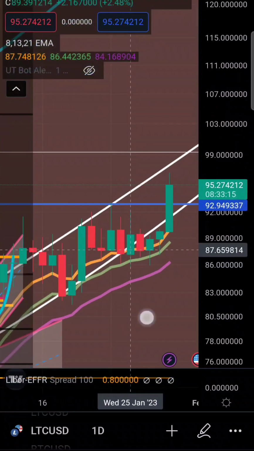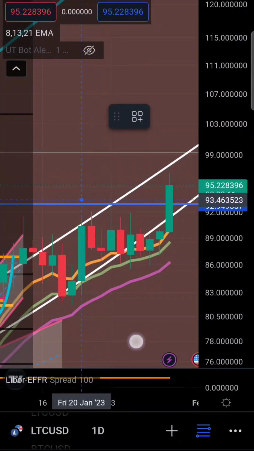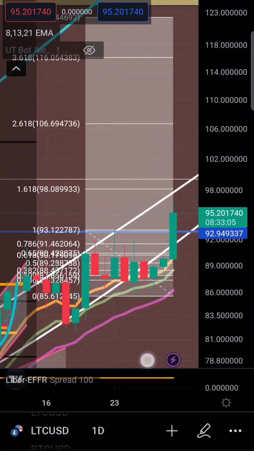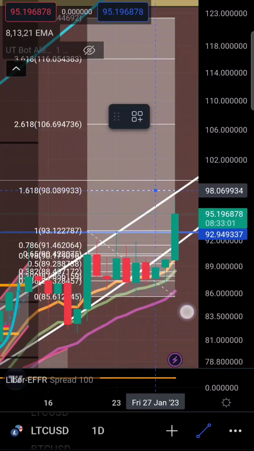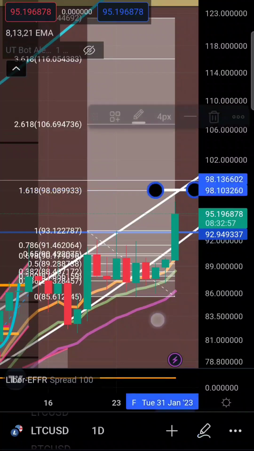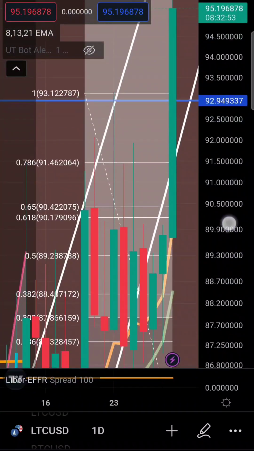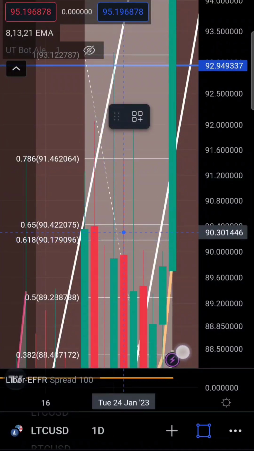We could actually take a fib. Let's see. Take a Fibonacci from here to here. $98 is next, more than likely. We also have the 0.618, which was a $90 target.